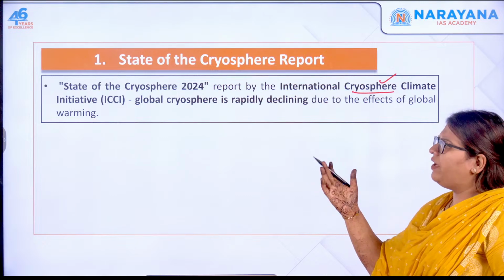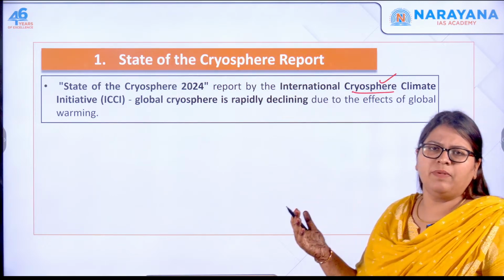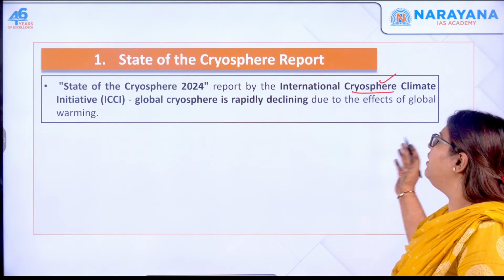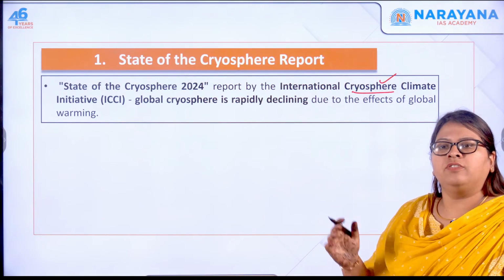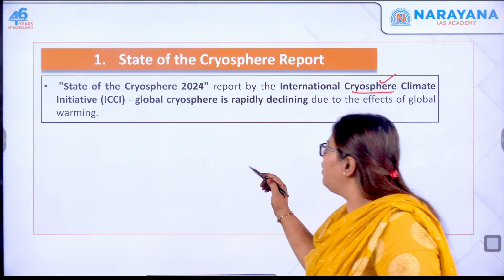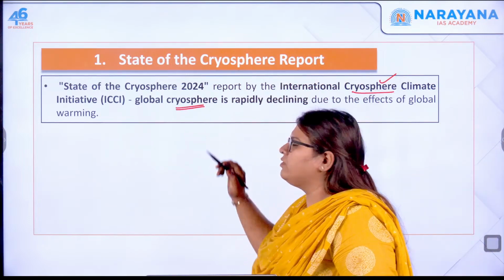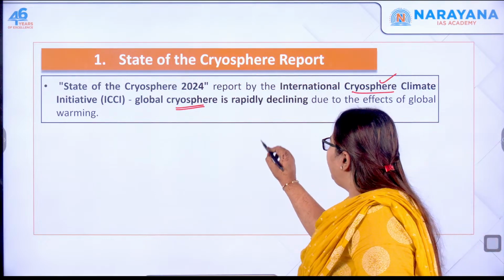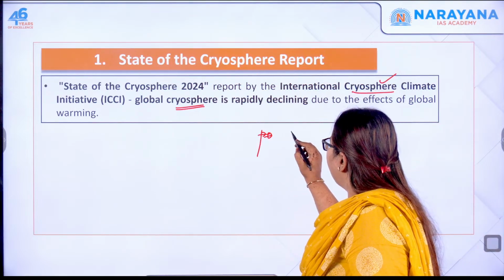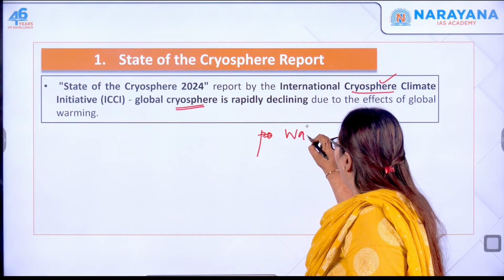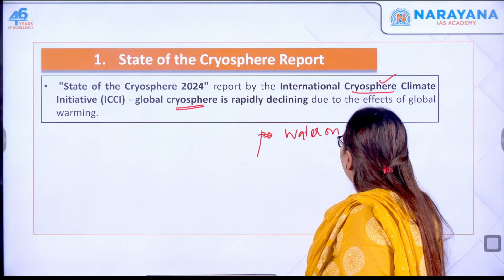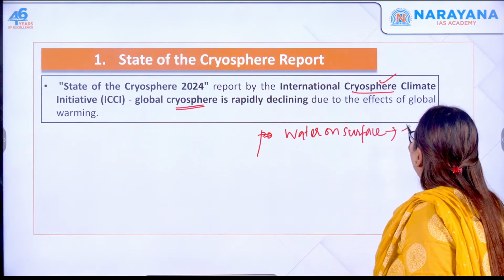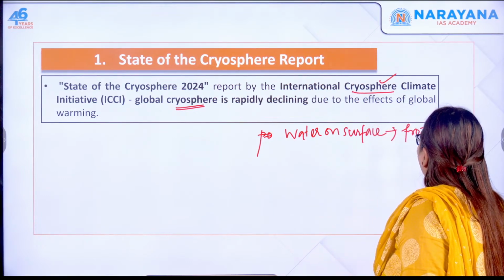Okay, so don't worry, the cryosphere report, the name itself actually has cryosphere in it. So who releases it? International Cryosphere Climate Initiative. This talks about the global cryosphere. First of all, what do you mean by cryosphere? It is the water on the surface of the Earth that is frozen.